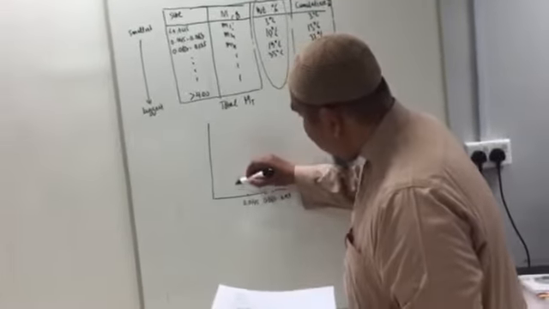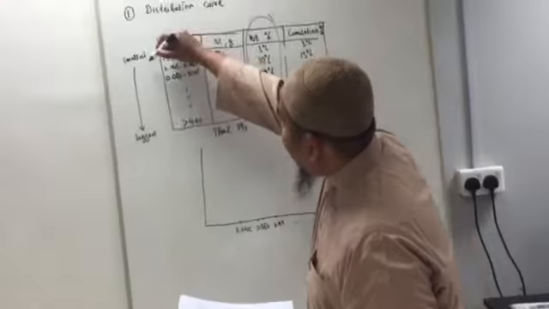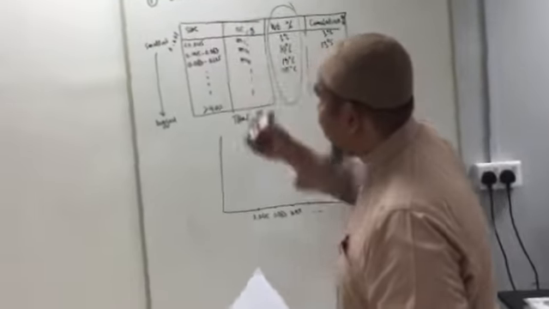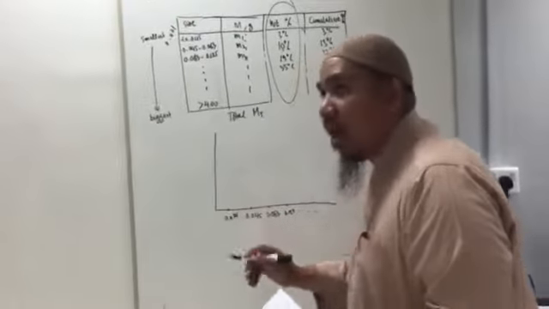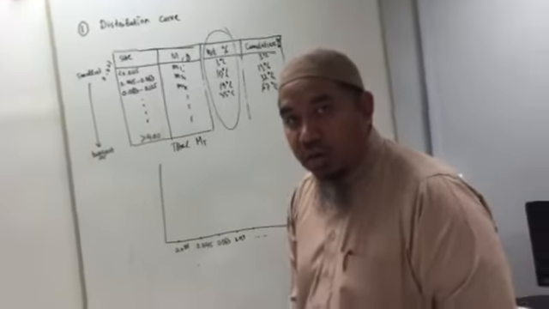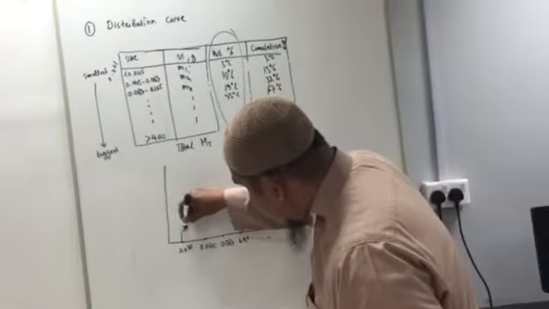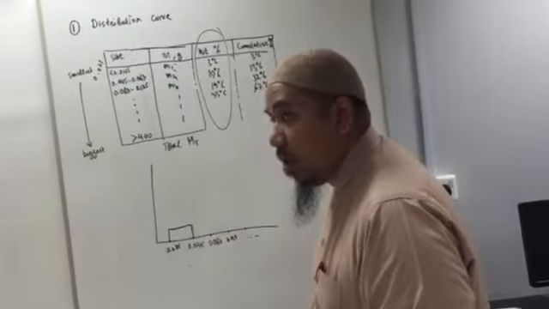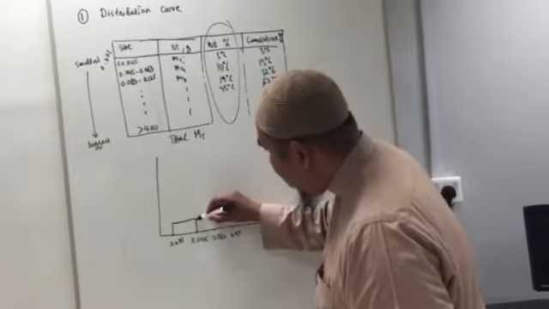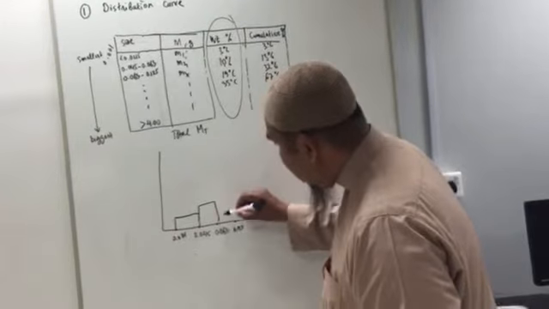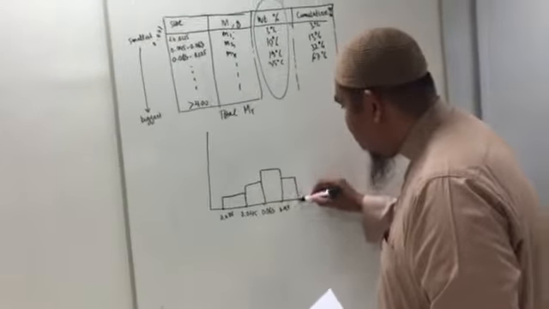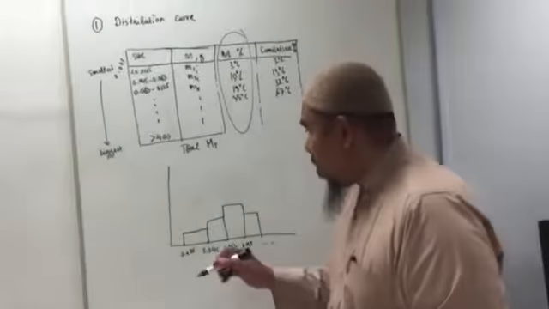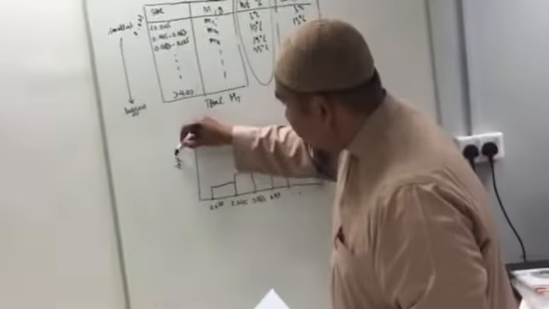Let's say you take some number here, might be like this. You know bar chart? It will be like this. Use Excel, the bar chart will be like this, for example. Y-axis, the total weight. This is weight percent.